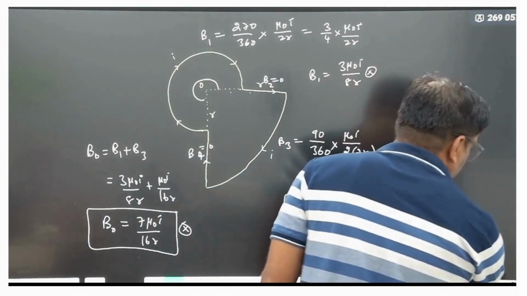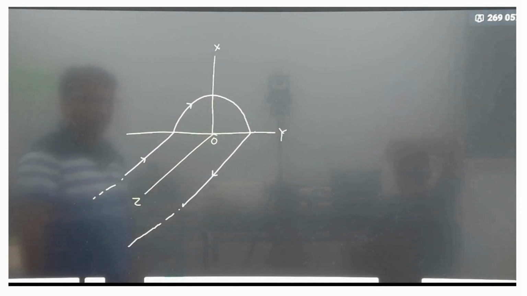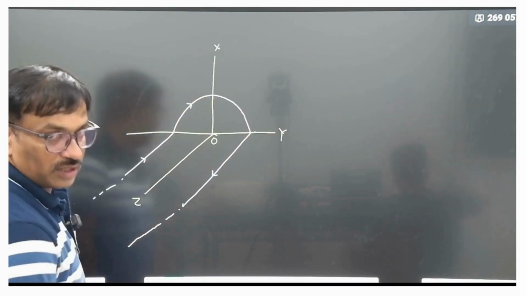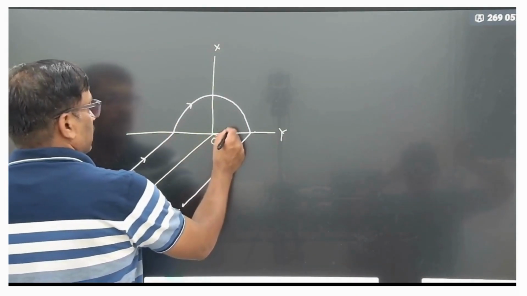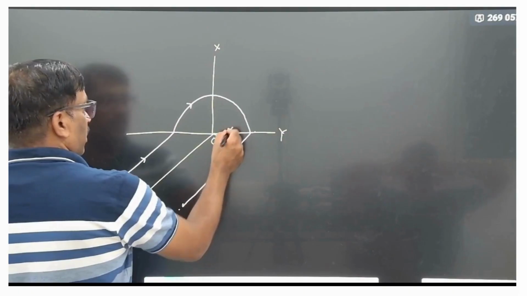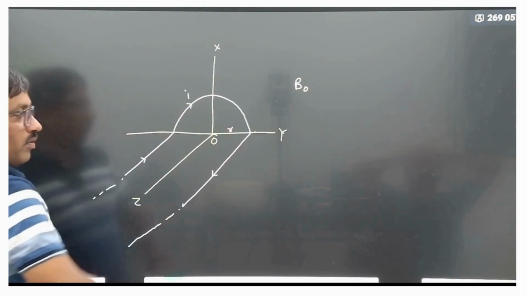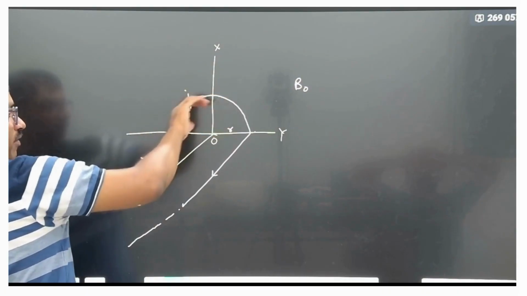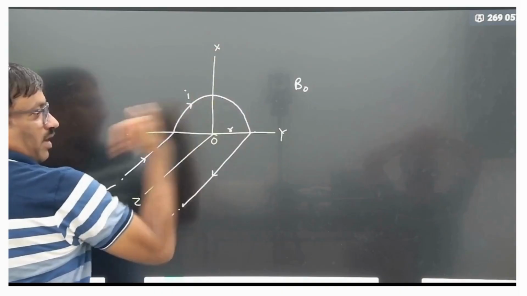Right? So now this is like a 3-dimensional view. How to do the 3-dimensional view? Suppose the radius is R. Now we want to calculate the magnetic field at O. Magnetic field at O, this is a current, so this is one magnetic field. Here how does it look now? This is your XY plane, this is your YZ plane.